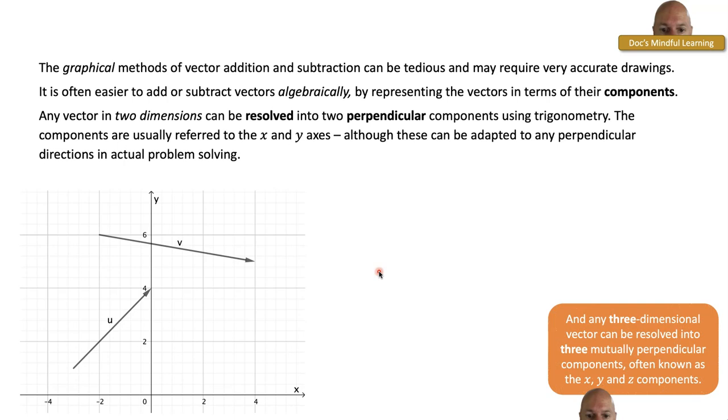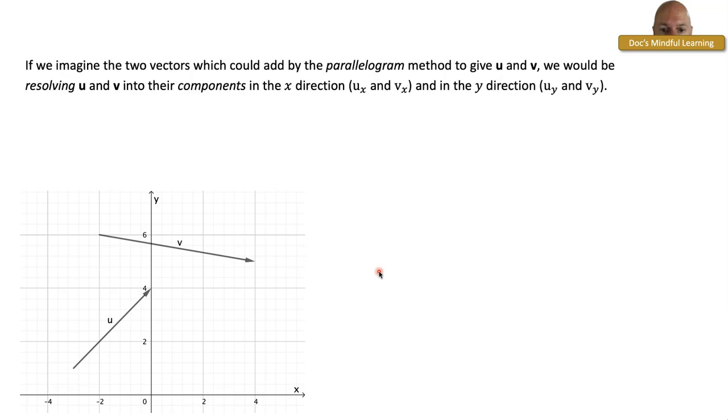So if we look at our two vectors here, we could imagine breaking the vector v, for example, up into a horizontal component, vx, and a vertical component, vy, and likewise for the vector u. And you can see that vx plus vy using the parallelogram method gives us v, and ux plus uy gives us u. So it's sort of unadding the vectors in a way.